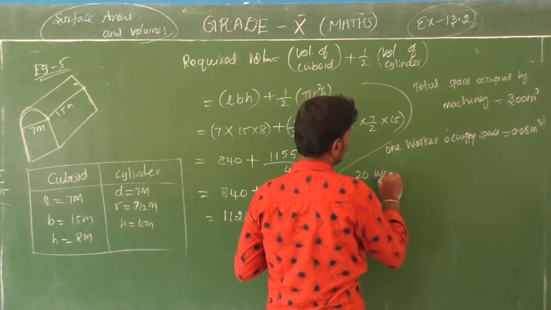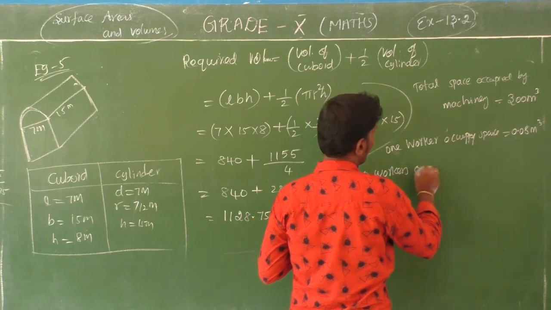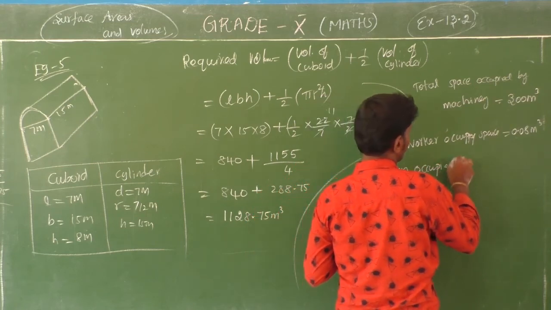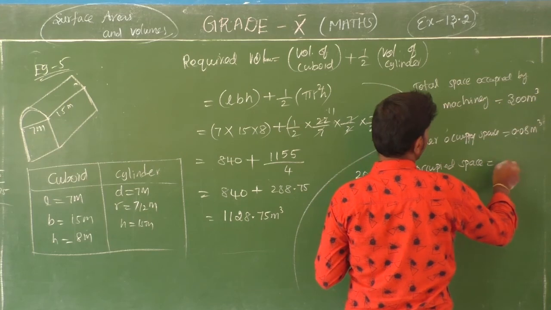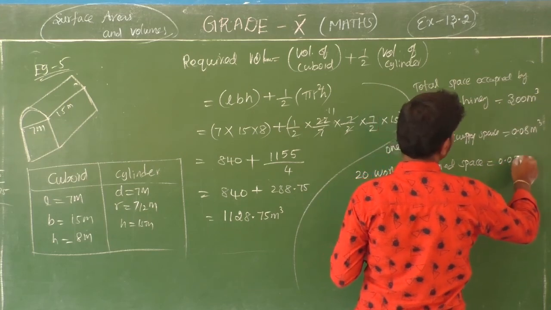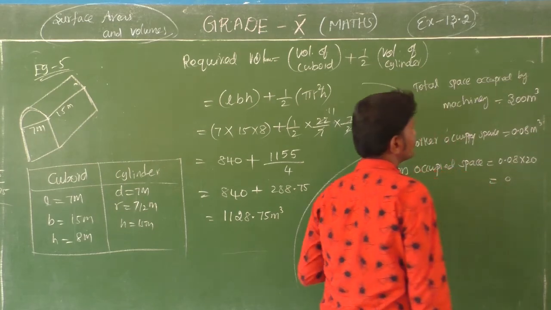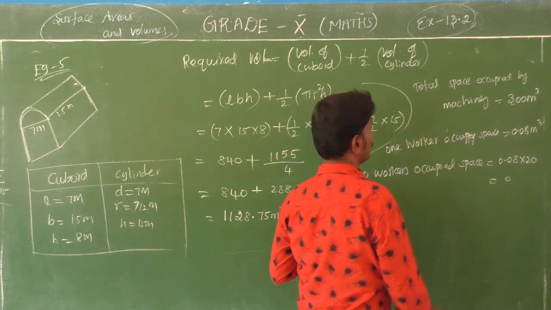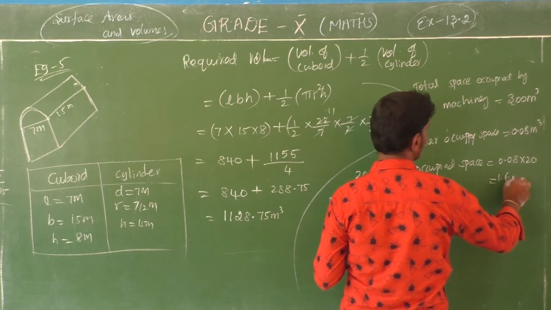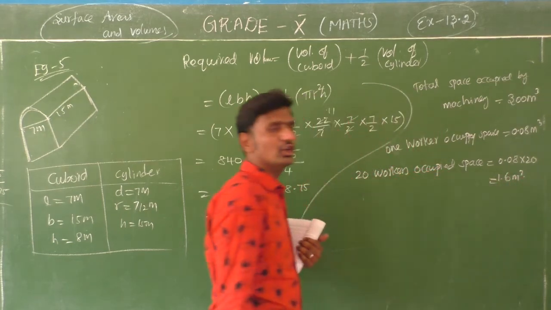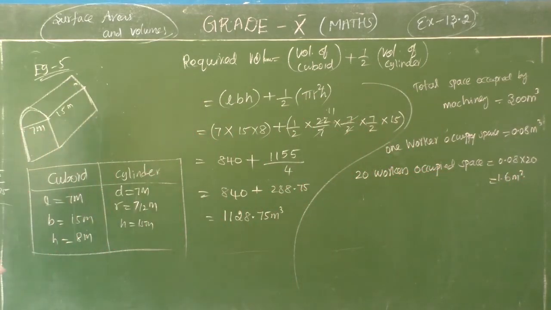So 20 workers occupy space equal to 0.08 into 20. Okay, so 8 are 16. Now what will come? 1.6 meter cube. So 1.6 meter cube is the space occupied by the 20 workers.